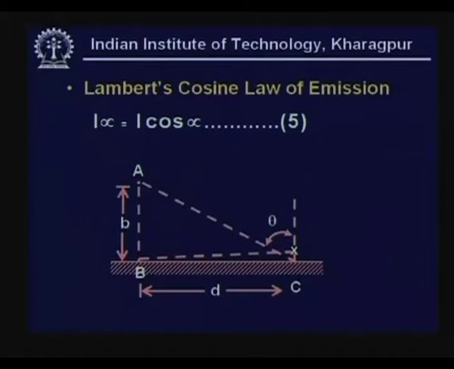And illuminance is dependent on the distance between the source and the point of observation. As can be seen very clearly, at the point B you have the minimum distance, and you have the maximum normal light flux, which means you have maximum illuminance right below the lamp.